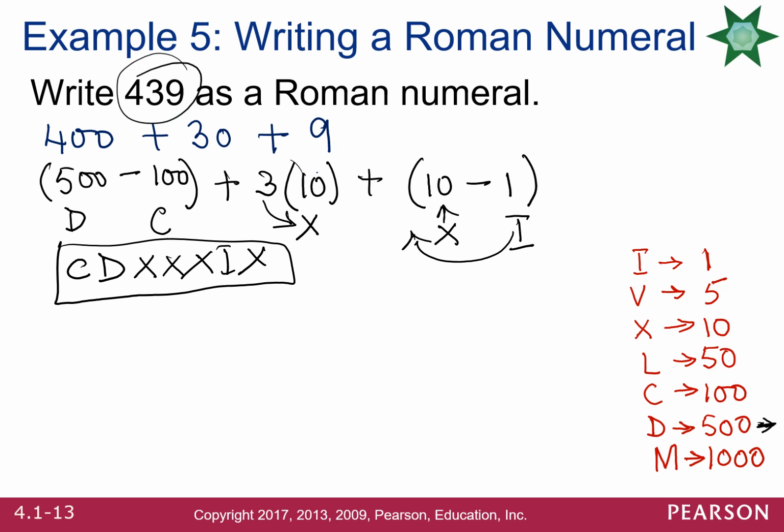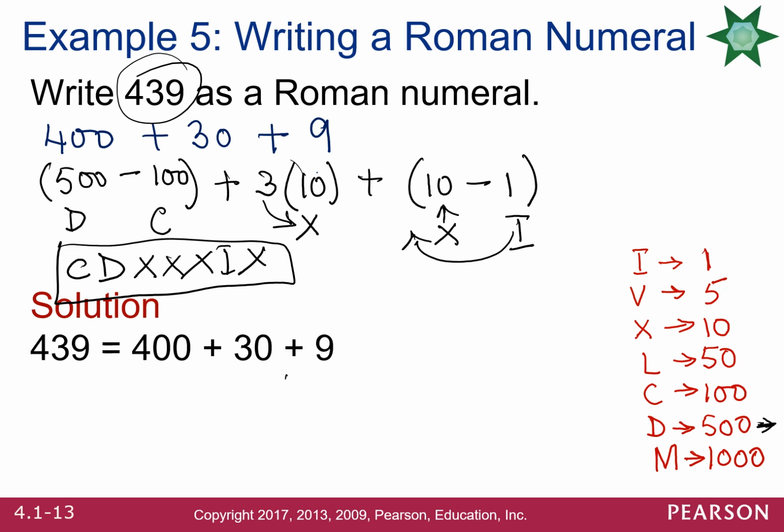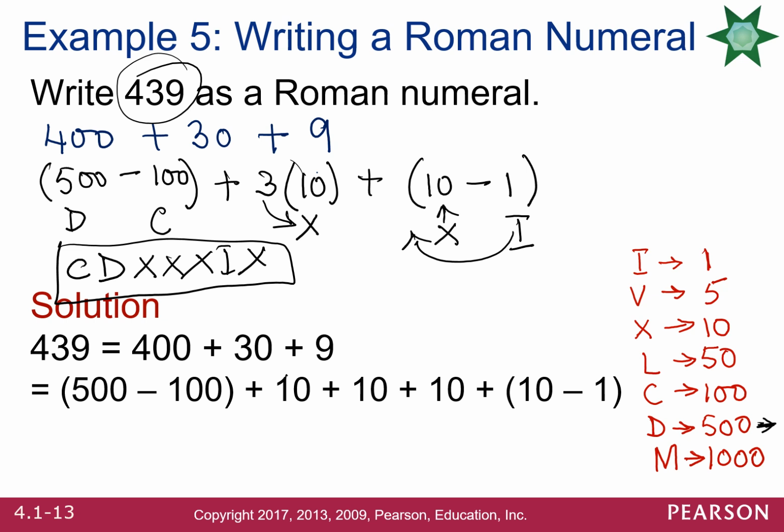Let's look at the solution that they have provided us here. Okay, the solution they have provided is 439. They have broken it up also as 400 plus 30 plus 9. And then they have written the 400 in terms of 500 and 100, so 400 can be written as 500 minus 100.